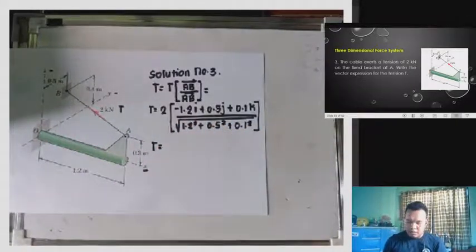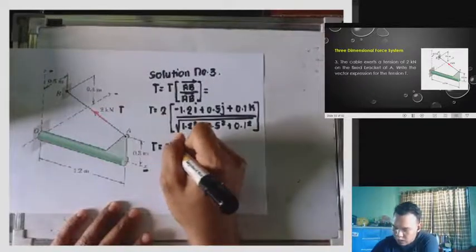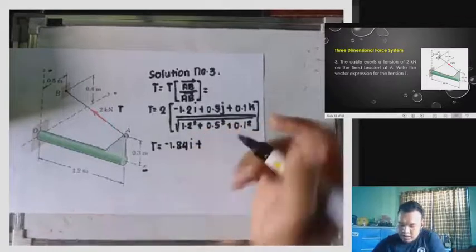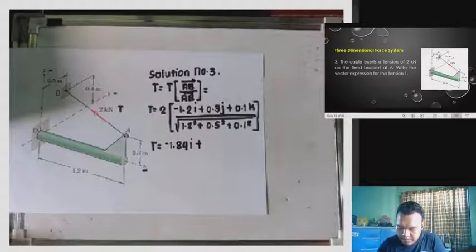So we have here T, value of T in terms of vector expression. We have here 2 times negative 1.2 all over the square root ni 1.2 squared plus 0.5 squared plus 0.1 squared. We have here negative 1.84i plus yung 0.5, po 2 times 0.5 all over the square root ni 1.2 squared plus 0.5 squared plus 0.1 squared.